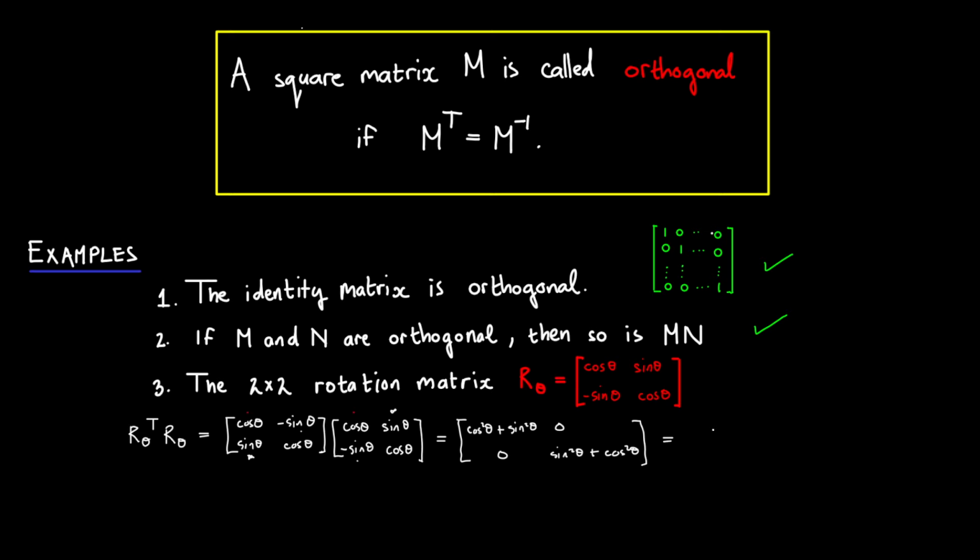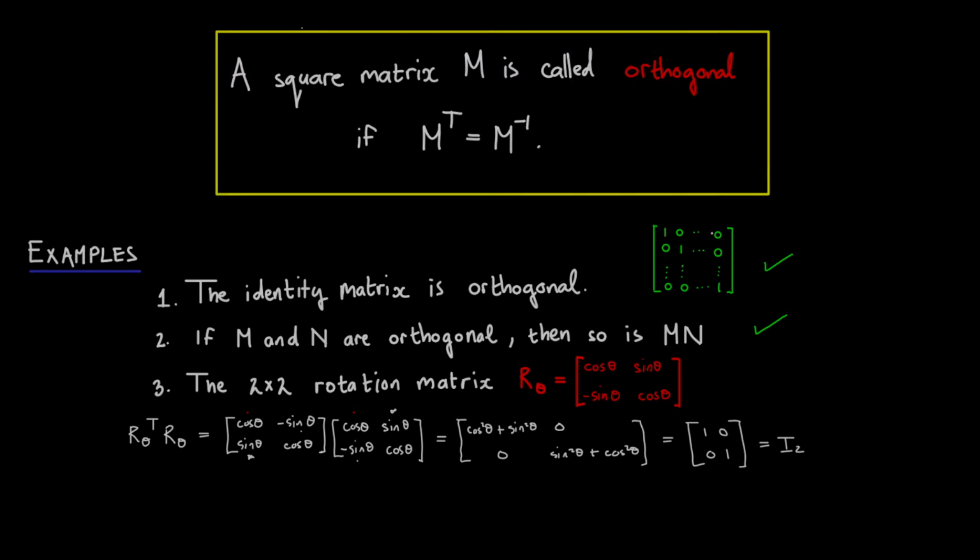Very nice. And this is just equal to 1, 0, 0, 1, which is the identity matrix. And so the reverse of this, if I considered R theta times R theta transpose, this would also work, and that's all you need to know. So R theta, the rotation matrix, is an example of an orthogonal matrix here.